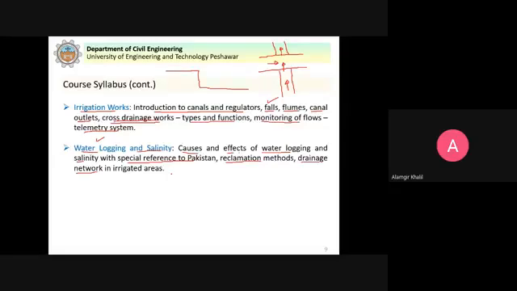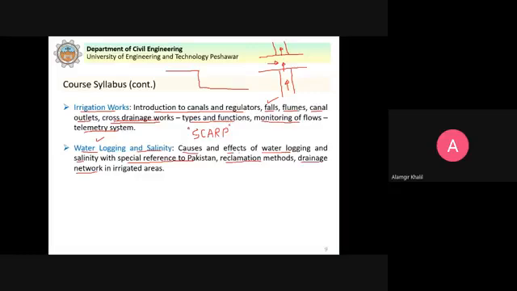So we will study, you might have heard that in Mardan and Swabi we have SCARP schemes. This means Salinity Control and Rehabilitation Project.